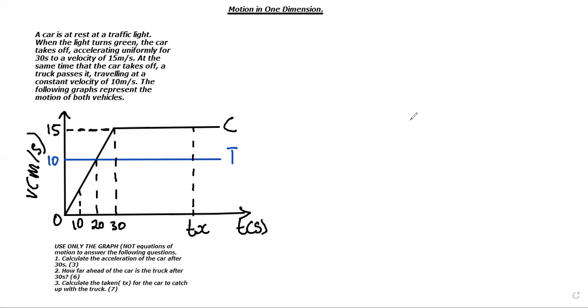Right. Now, the first question actually says, after how long will the car and the truck have the same velocity? So in order to answer this one, we have to look at where both of these graphs intersect. And this is at this point.